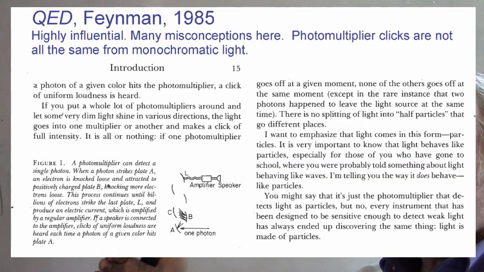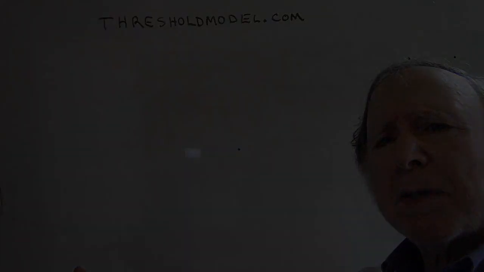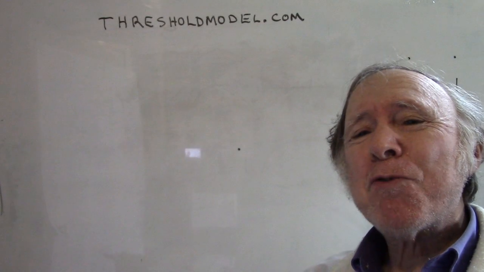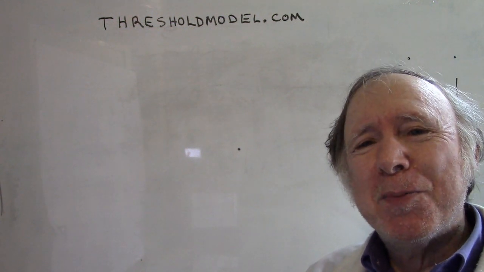Now we're up to 1985, where Feynman wrote a very influential book, QED, and he is so emphatic and so eloquent about photons. He was wrong about the photomultiplier tube.